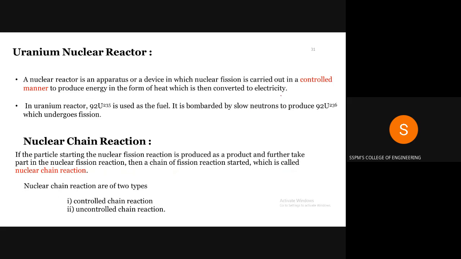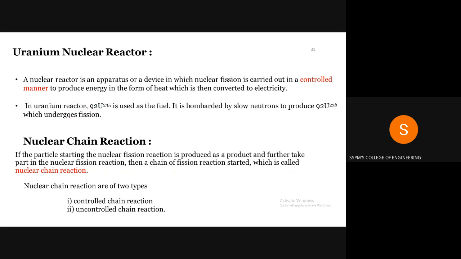Okay, so due to the fission reaction, we can create an enormous amount of electrical energy, which is also called nuclear energy, and that needs to be used in our day-to-day life.